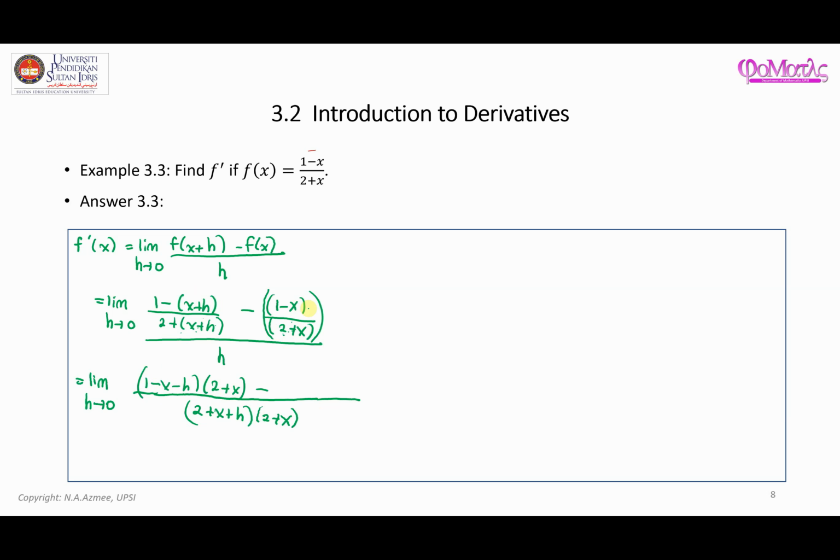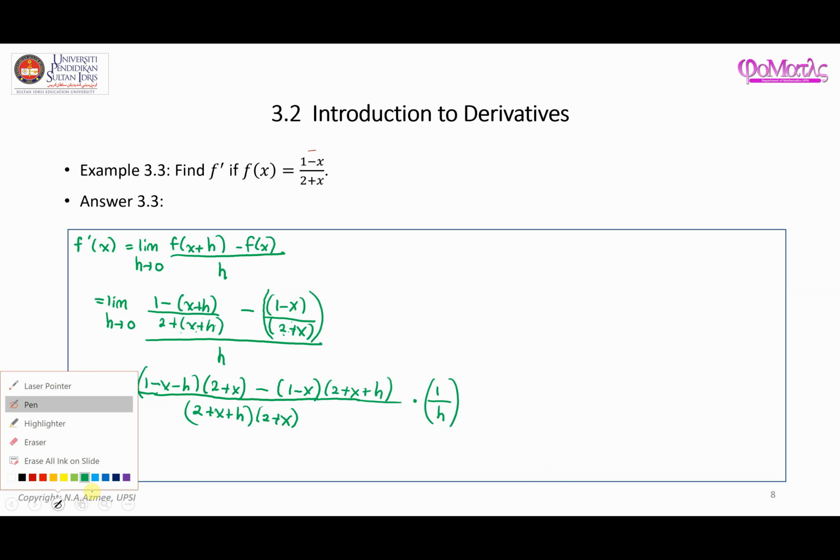Here we have a negative sign, so we have 1 minus x multiplied with 2 plus x plus h. And at the bottom we have h, which is equal to multiplying with 1 over h. Now we are going to try and simplify the whole expression given here.